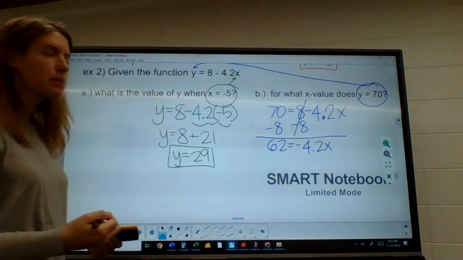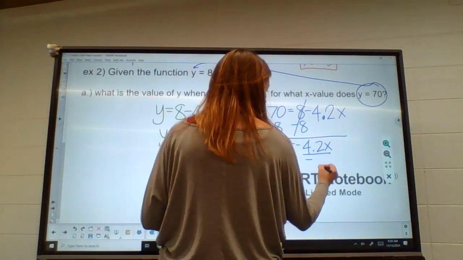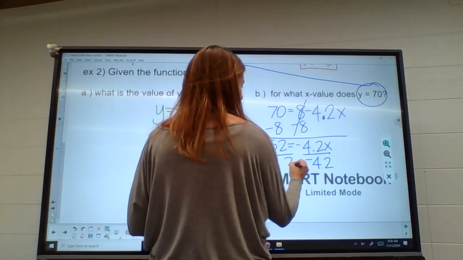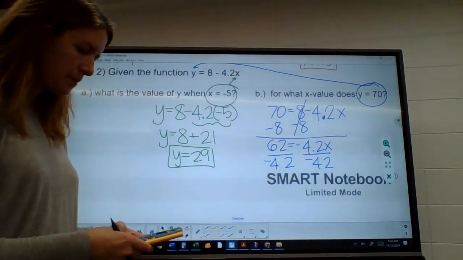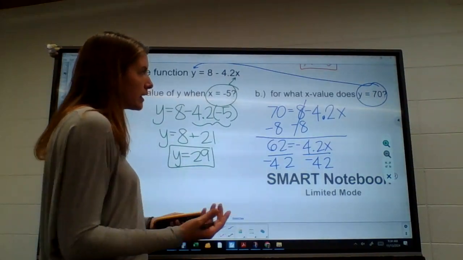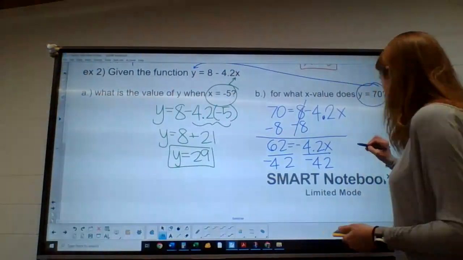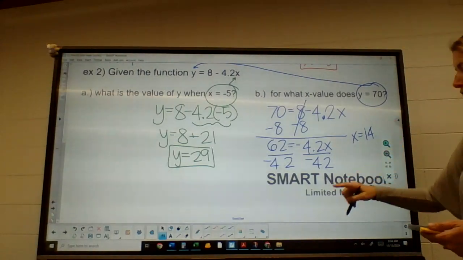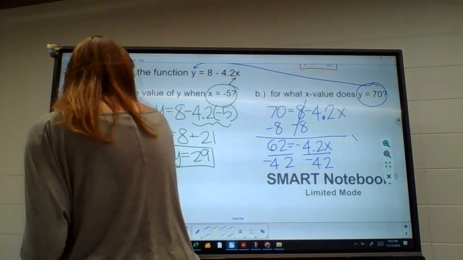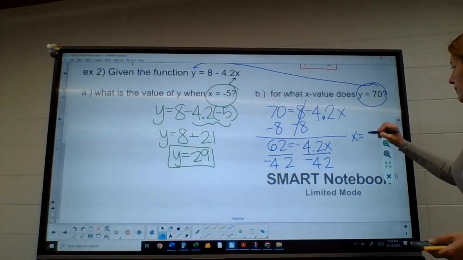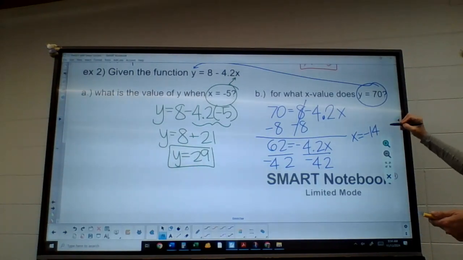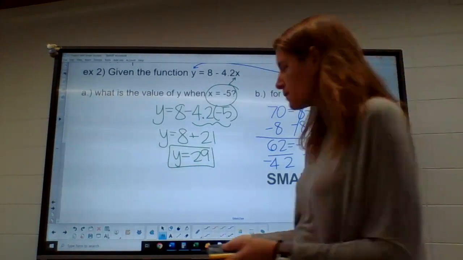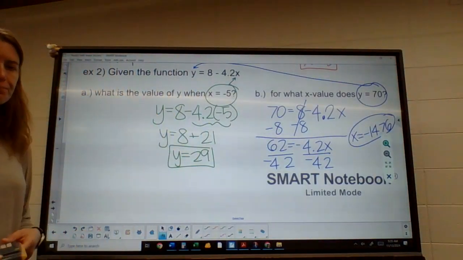And then instead of multiplying, we're going to divide. And I get kind of an awful decimal, and that's okay. So my x ends up being negative 14.76. And it's possible to get a decimal. It's perfectly fine. Okay.